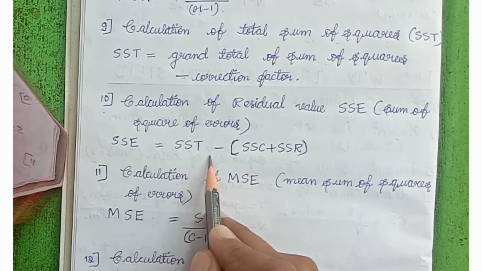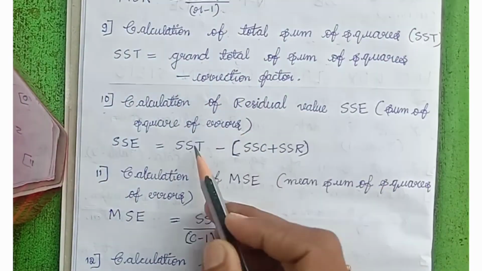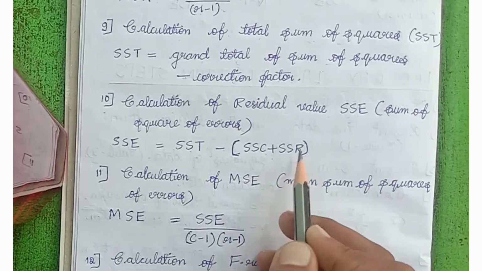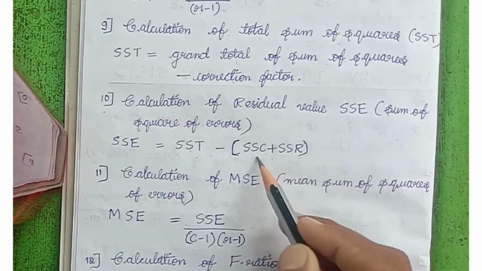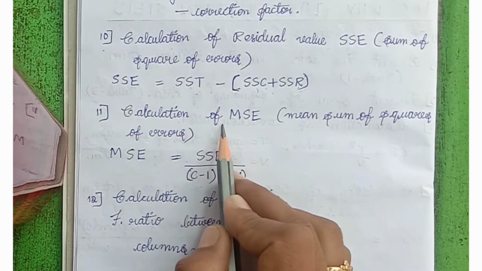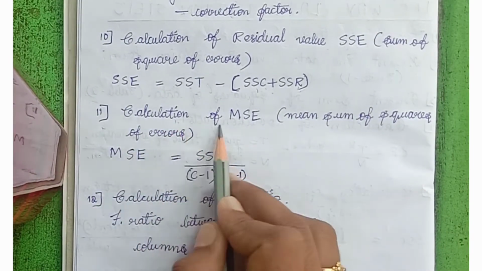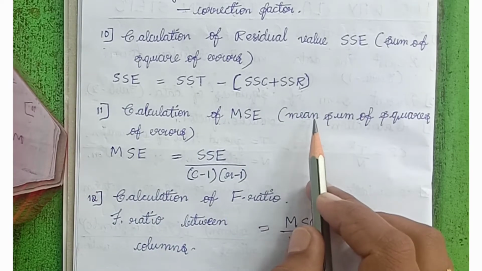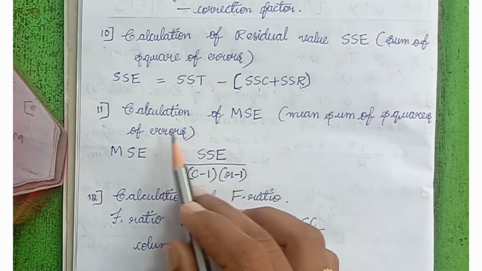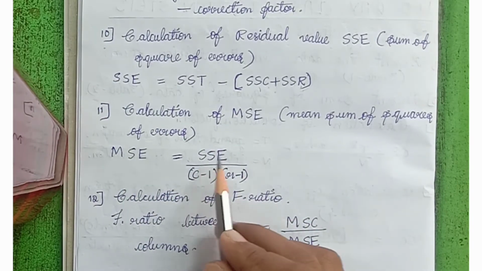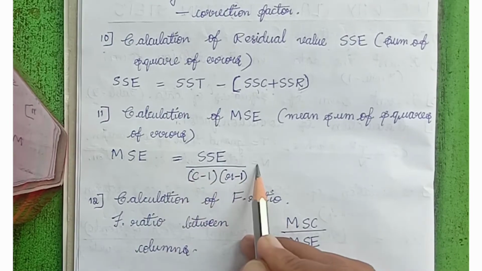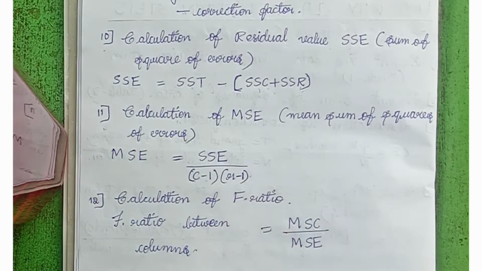SSE is equal to SST, which we calculated in the previous step, minus the sum of SSC plus SSR, which we calculated. That we have to apply here. Next, 11th step, calculation of MSE. MSE means mean sum of squares of errors. MSE is equal to SSE divided by the degrees of freedom, which is (C minus 1) times (R minus 1).